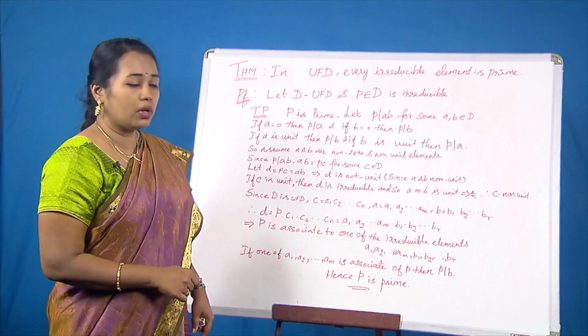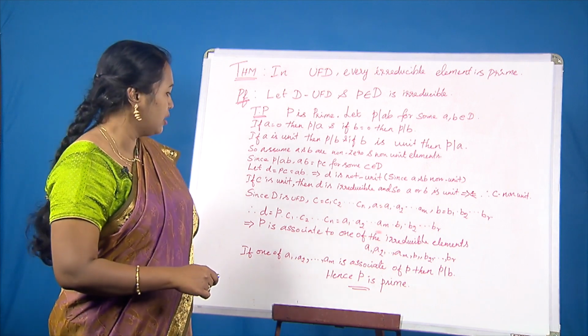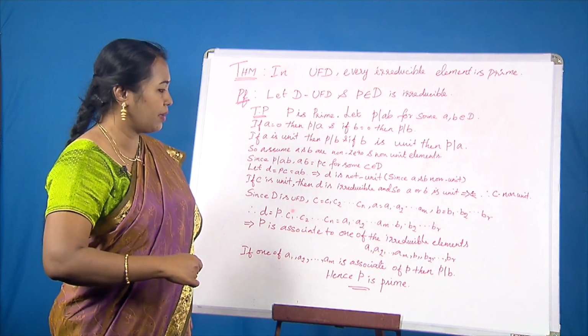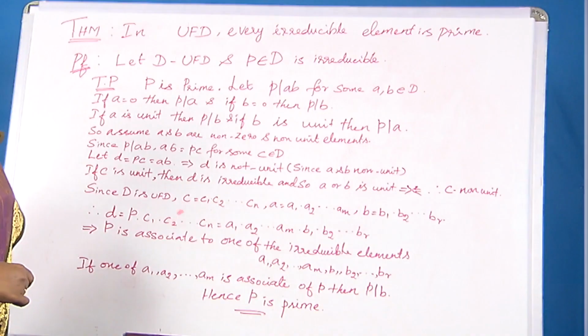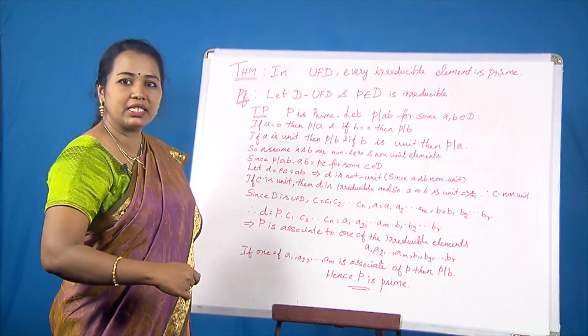We know that by the second property of the unique factorization domain, when they are represented as a product of irreducibles, they are associates of each other, and therefore, this P should also be an associate of some other element here.